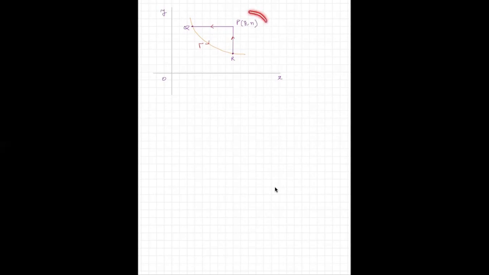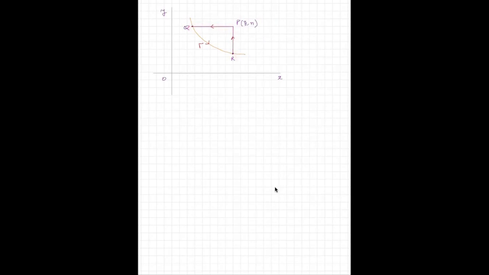Now let P be a point where the solution to the Cauchy problem is sought, and we have drawn the characteristics PR and QR through P to meet the curve at Q and R.